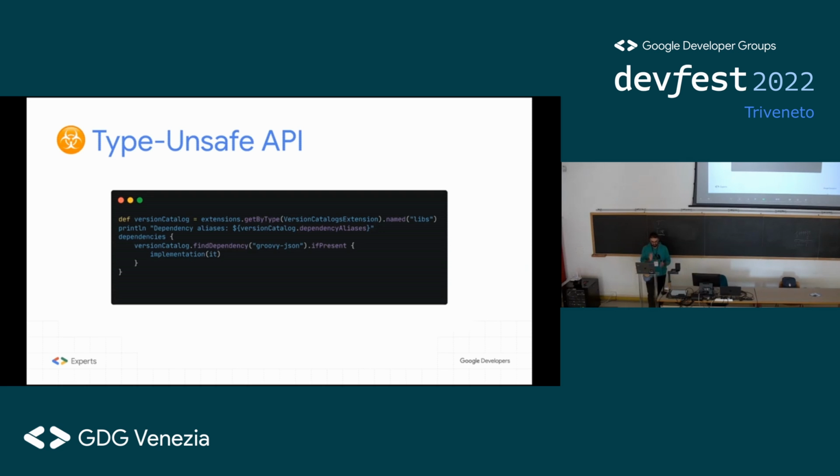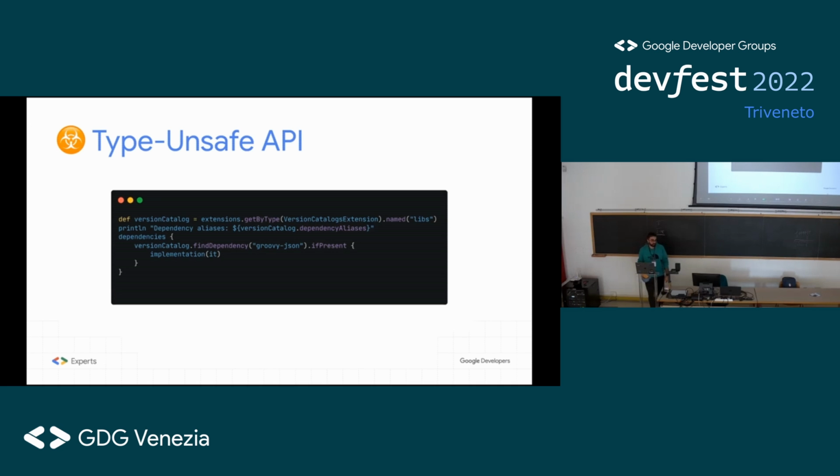We just get the extensions, get by type that we want, versions catalog type. We search with the name, which is libs for us, and then let's list the dependencies. We just open the dependencies block as we used to, and then find the dependency, for example, Groovy JSON, and if present, implement it, or API it, or compile only, it's up to you.